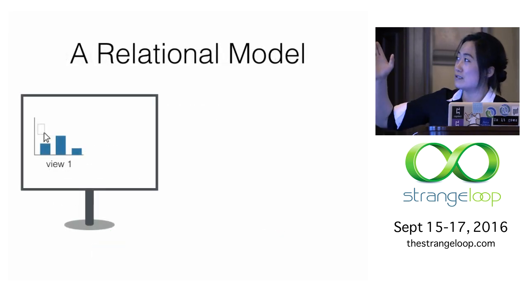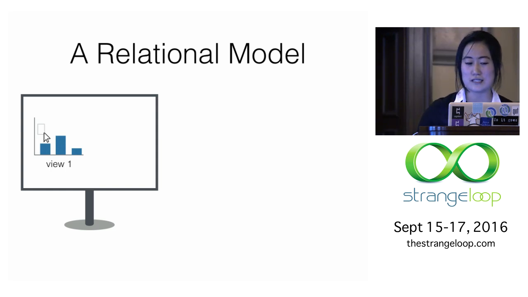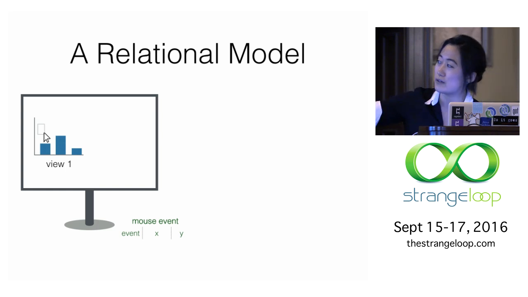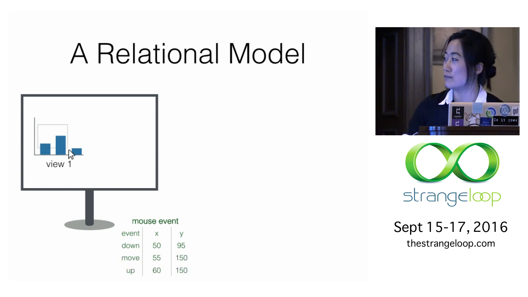I did mention that the front end should be treated as a database, and as we know, databases come from a relational model. Let's take a look at exactly how this should be interpreted as a query. As the user is selecting in view 1, we have the stream of mouse events: mouse down with the XY position, then a mouse move, and then a mouse up.